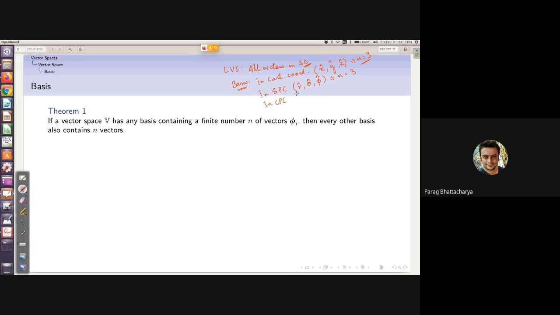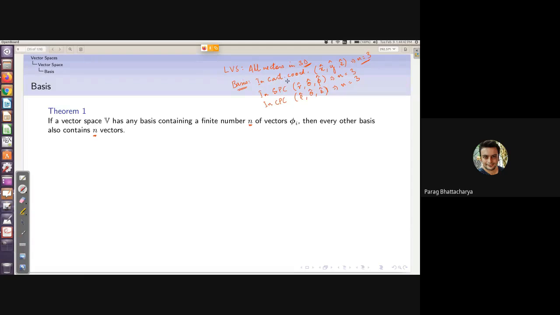The basis will not be x, y, z, or r, theta, phi. It will be rho, theta, and z. Here also, how many vectors are there in the basis? 3. So that's what it says: if in a vector space there is a basis containing n vectors, then every other basis also contains the same number of vectors.